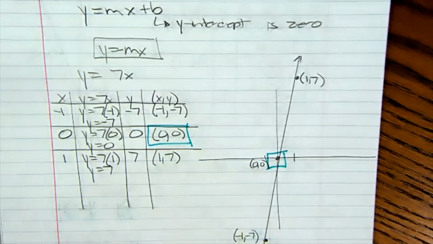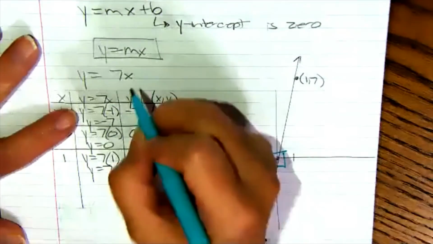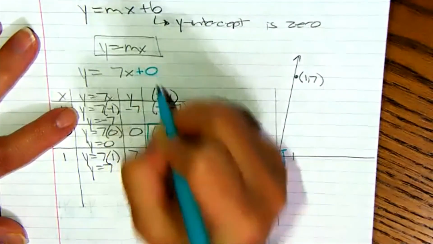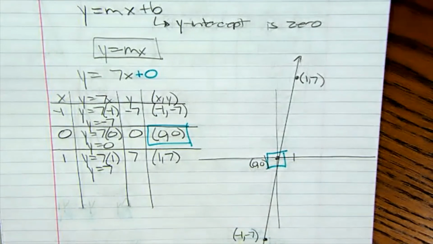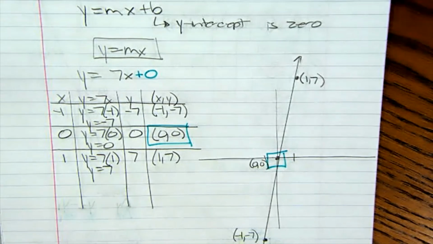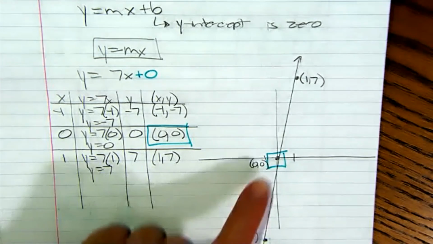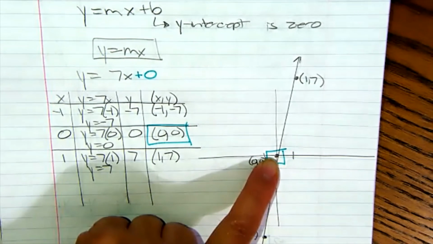We don't typically write plus 0, but there is an invisible plus 0 there. So that is a proportional relationship.